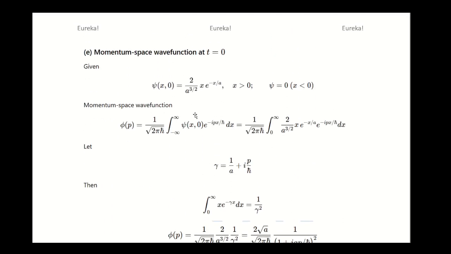At t equals to 0, the wave function is given in x space, in real space, that is 2 divided by a to the power 3 by 2 times x times e to the power minus x by a.